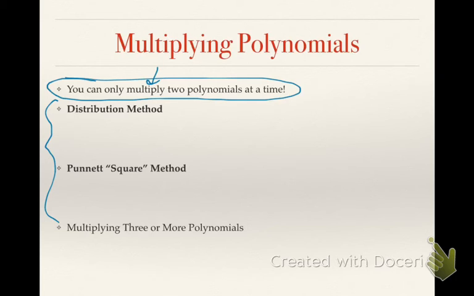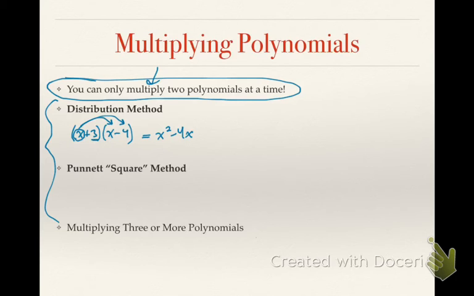The distribution method, so if I took the multiplication of polynomials, such as maybe x plus 3 times x minus 4, what I had there in the distribution method is I took the first term and I distributed it to each term in the second polynomial, giving me x squared minus 4x as my first two terms.